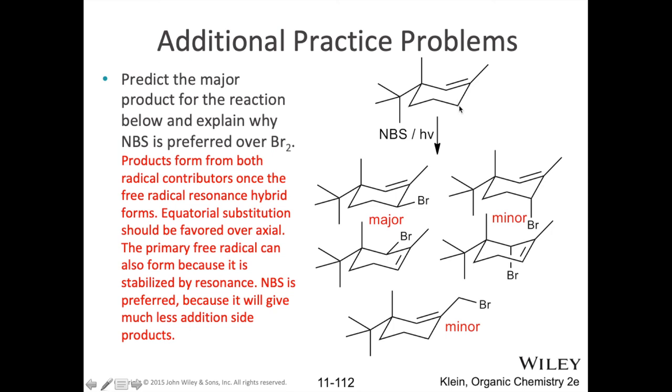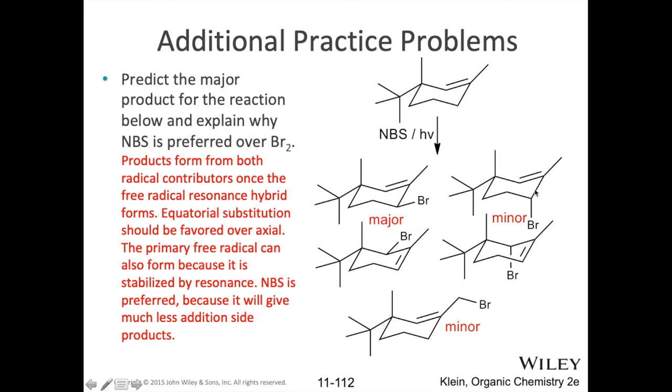Now you also probably want to consider the resonance structures that would form accordingly. Of course, if you just have the bromine add on here, that's one product. The resonance structure will yield this product over here, right? So this double bond swings over here and makes this carbon your radical. And so that's why the bromine adds here for the other major product.